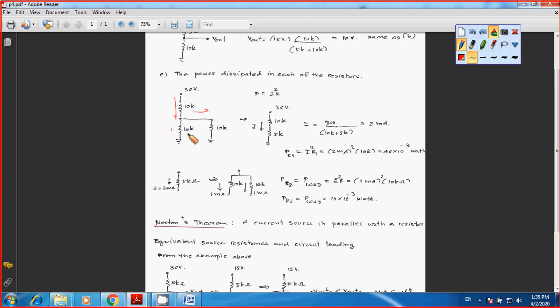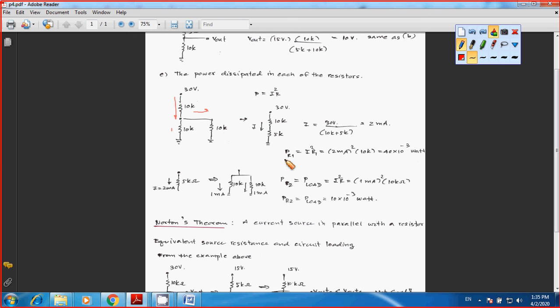Since these two resistors are equal, you're going to have 1 milliamp current flowing through one 10K, and also 1 milliamp current flowing through the other 10K, or when you add them up, you get back to 2 milliamps current.